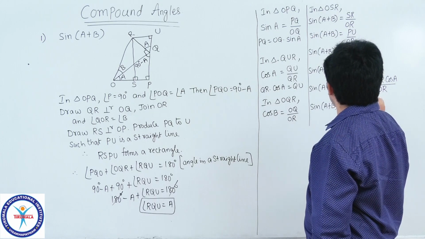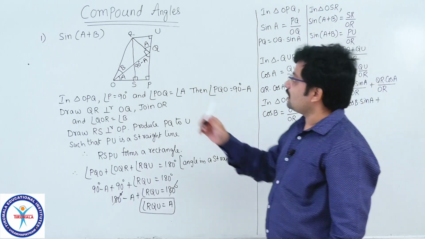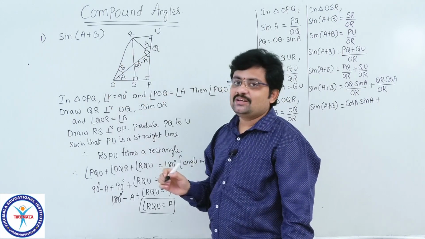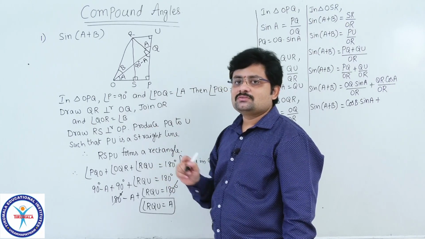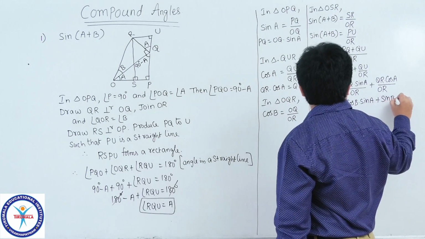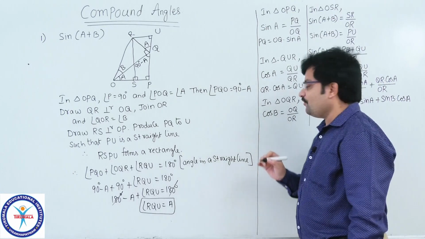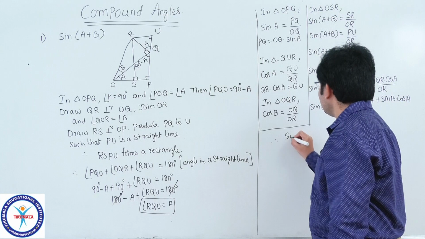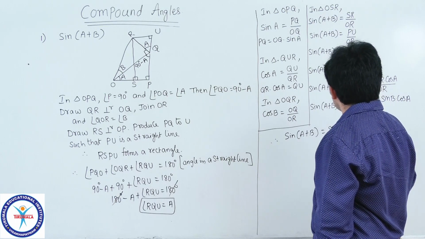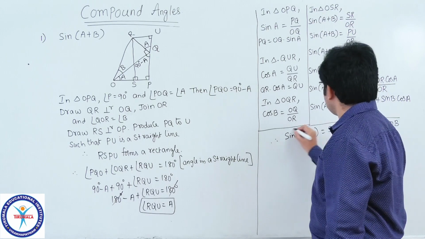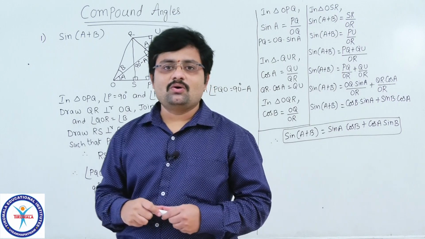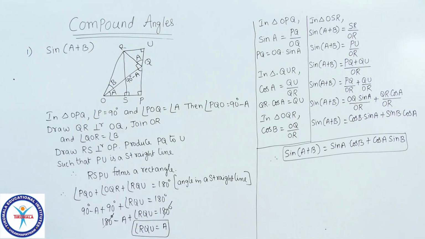Cos B into sin A plus QR by OR. In triangle OQR, QR by OR is opposite side by hypotenuse, which is nothing but sin theta, so it is sin B, sin B into cos A. Therefore, sin(A+B) can be written as sin A cos B plus cos A sin B. So this is the formula for sin(A+B).